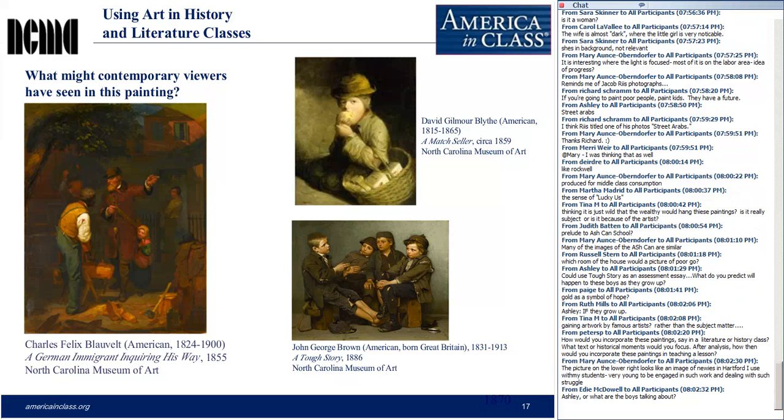What I like about A Tough Story is, even though the boys have been cleaned up and made sort of presentable for a polite audience, say the viewers at a National Academy exhibition, if you look at the eyes of the boys, the artist is honest enough to make them exhausted. Those eyes are much older than the boys themselves.